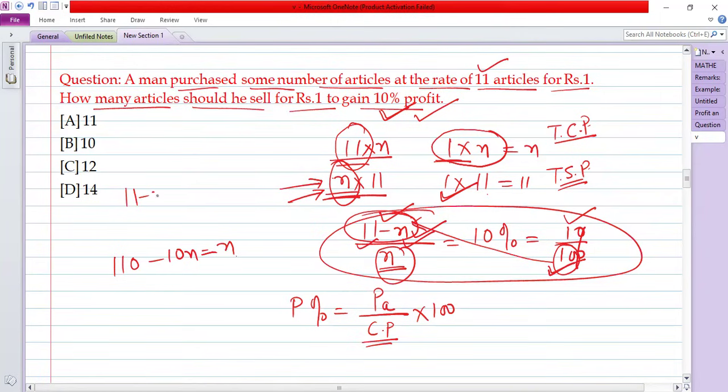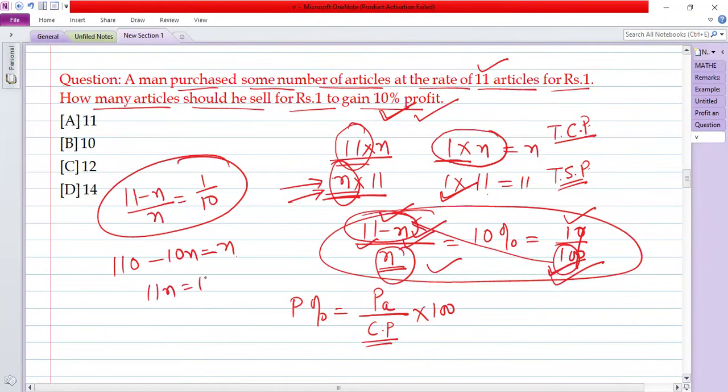So 11 minus n upon n equal to 1 by 10. We are solving this equation. Please mind. So from here, 11n is 110. So what should be n? It should be 10. It means he must sell 10 articles for rupee 1. If he is selling 10 articles for rupee 1, then surely he will get a profit of 10%.